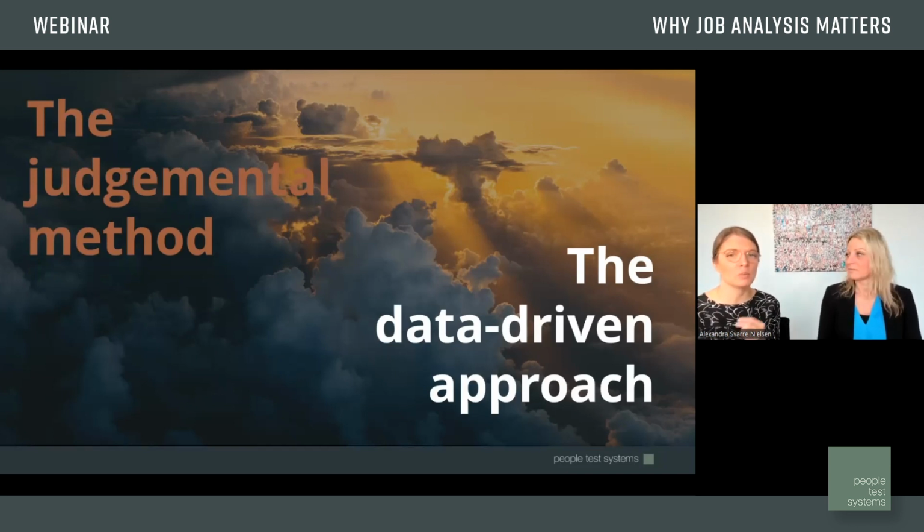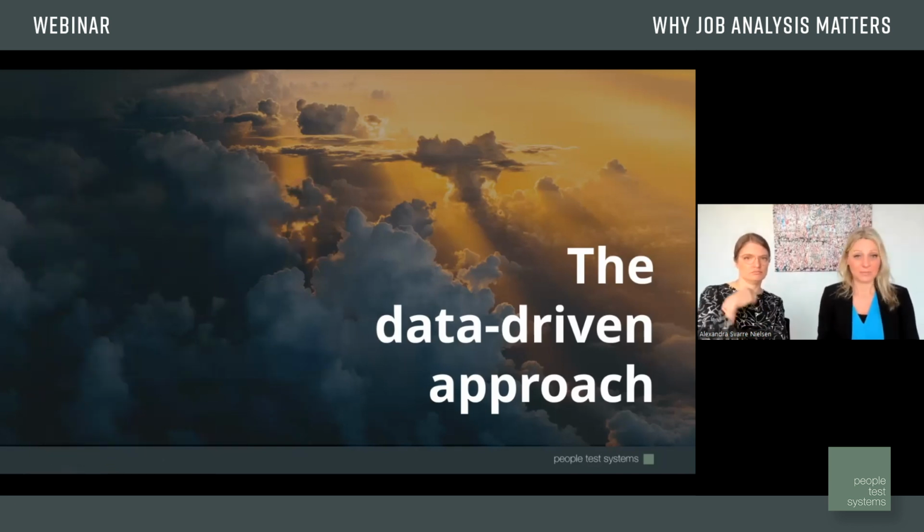But it means that when we make decisions that are not aligned with the candidates that have the highest scores, then we need to know why. We need to ask ourselves why we still believe that this candidate is better than the other, for example. So the data-driven approach it is, and we will show you how to get help with that.